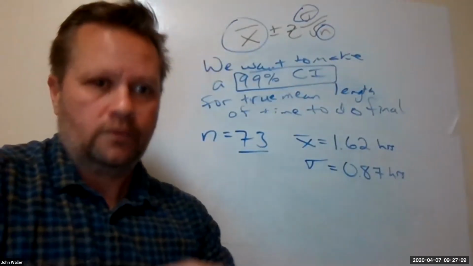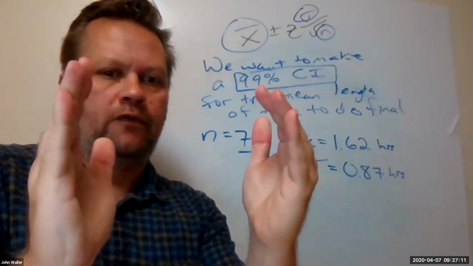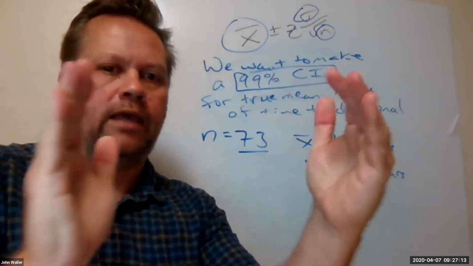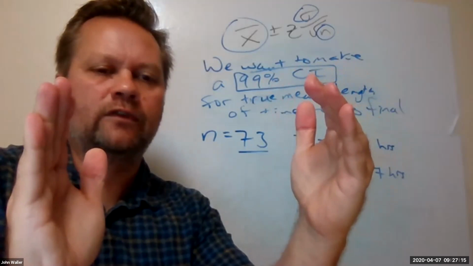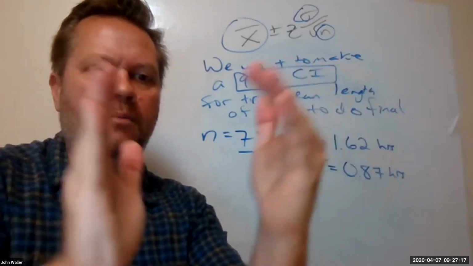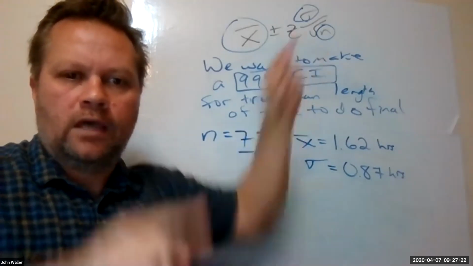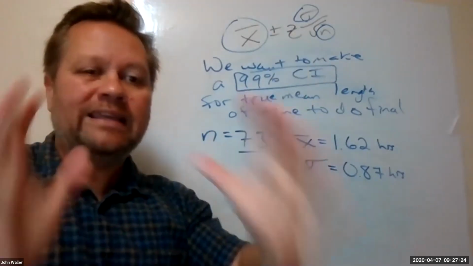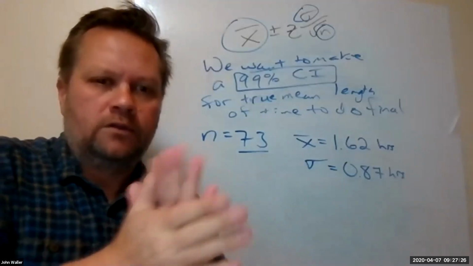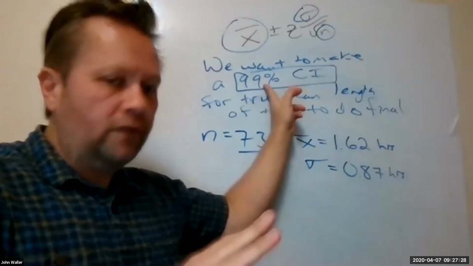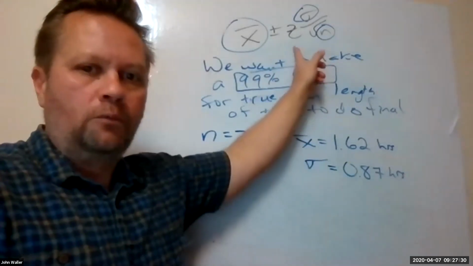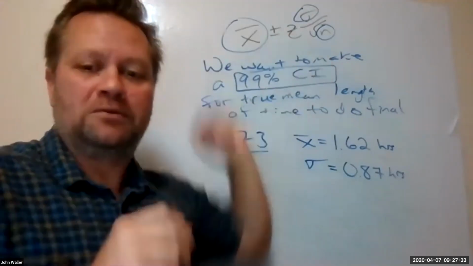Now watch. If I change how far up and down I go, I catch more or less stuff. But if I change how far up and down I go, that is changing the z-score, isn't it? How far up and down from the mean is the z-score. So that's why how confident I want to be will tell me what z-score to use.